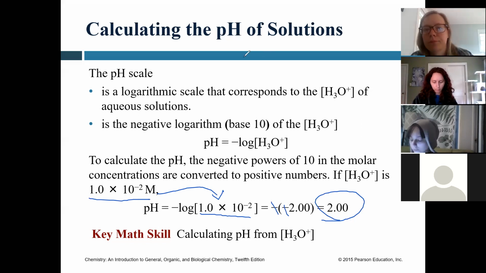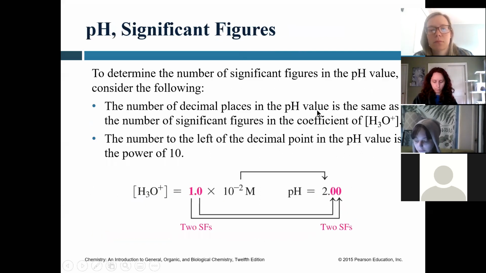Is that acidic? Oh yeah, definitely acidic. Do you see how it's a 2 in the exponent here, and then it happens to be a 2 over here? That is a direct relationship.